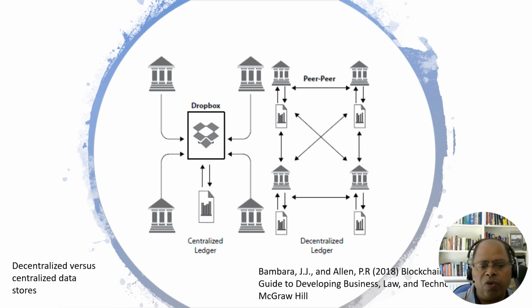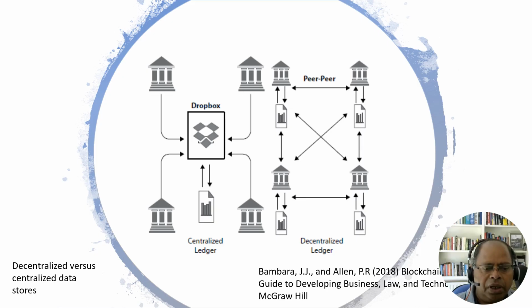This is another key foundation, what we mean by decentralized. We need to understand that, it's the basic. There's a book written by Bambara and Allen, quite an interesting book published by McGraw Hill.